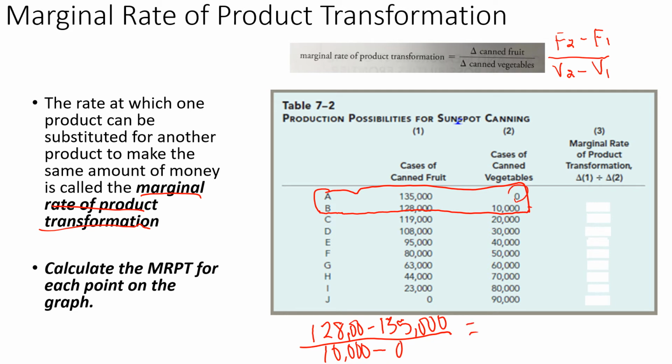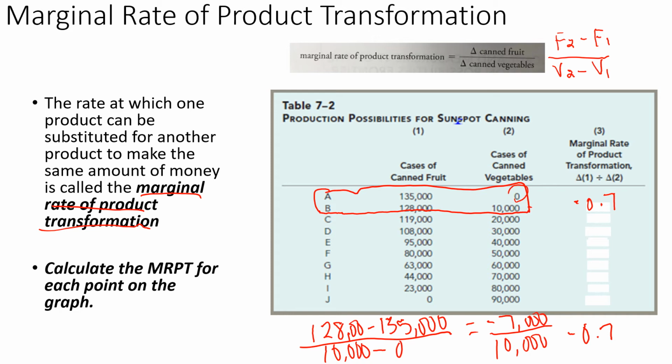So 128,000 minus 135,000 is negative 7,000, and then 10,000 minus 0 is 10,000. So negative 7,000 divided by 10,000 is negative 0.7. So in this case, we would have to give up basically 7/10 of a can of fruit to be able to produce 1 can of vegetables. So that's negative 0.7.